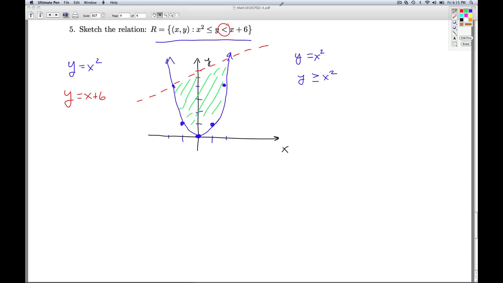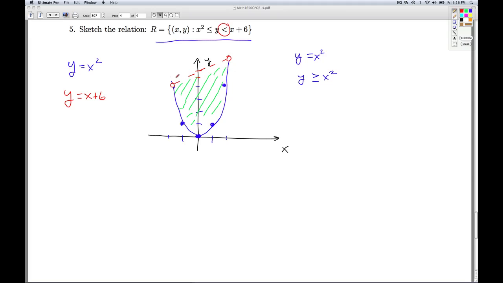I'm not allowed to have those, so what I need to do is open those up as circles. So I'm going to have an open circle there, an open circle here, and then I can erase everything else. And that would be the region I'm talking about.